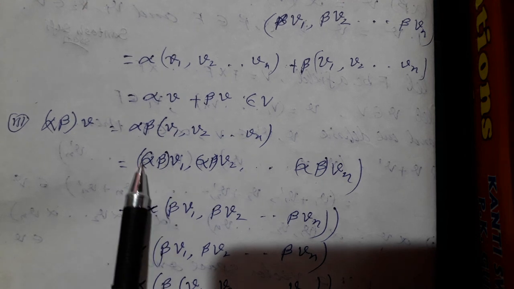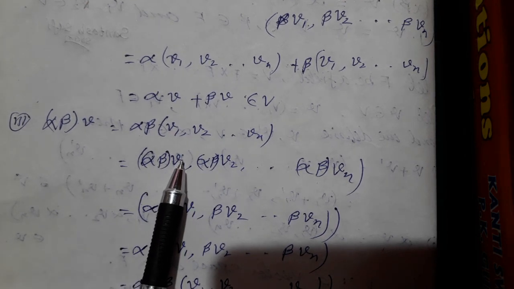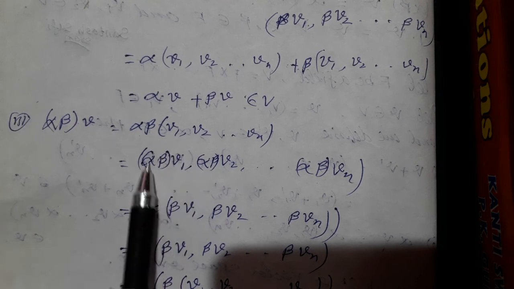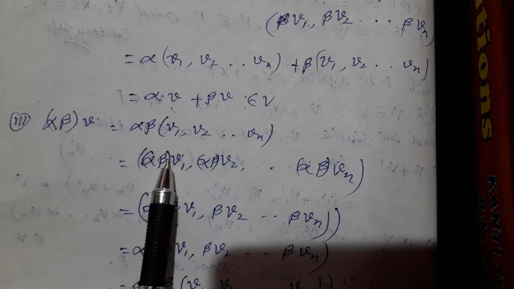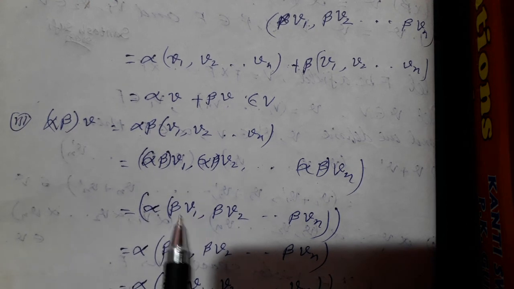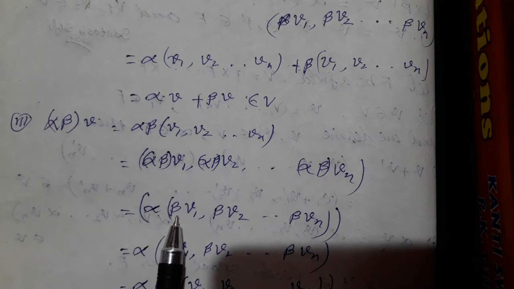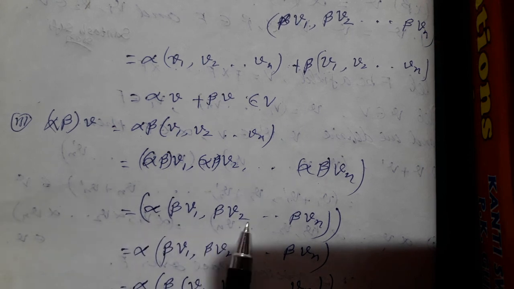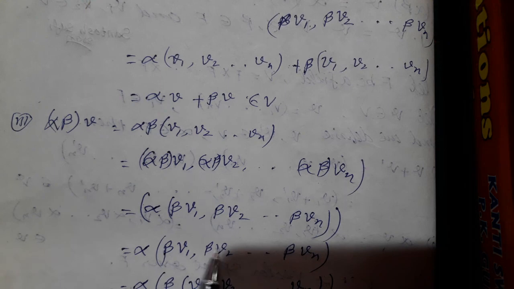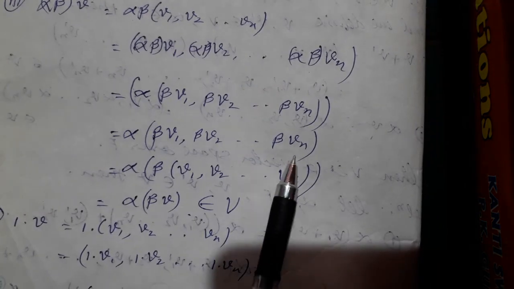Using the second definition, you multiply to each coordinate. Here all the elements belong to the field, and multiplication of numbers in a field is always associative, so we can interchange the brackets. Taking alpha common, we get beta v1, beta v2, till beta vn.